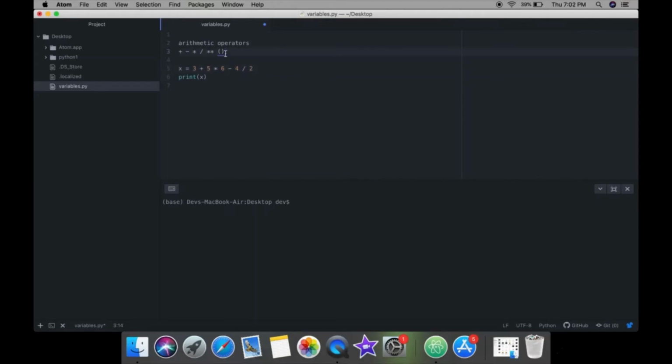And the order is, if I talk about these 6, first are the brackets, then we have the power operator, then multiply and divide on the same level, and plus and minus on the same level. So if I want the result to be 90, I think if you remember this, I will erase this here.